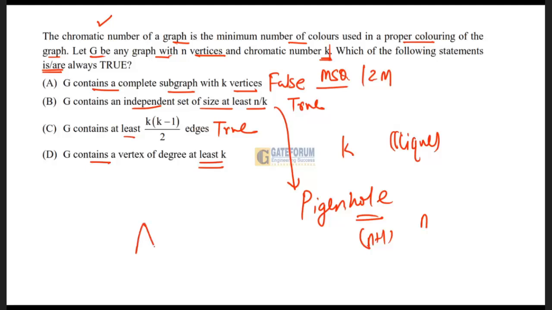Let's say this is a cyclic graph which has three vertices, which is an odd number of vertices. Although it is a cyclic graph, its chromatic number is 3, but it is not necessary that every node will have degree 3, because this node is not having degree 3. This node has degree 2 only. So it is not necessary anytime. Thus D is also false.